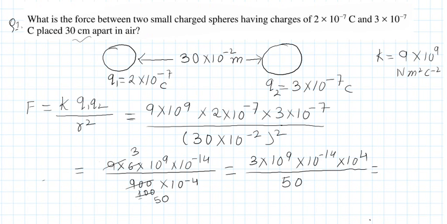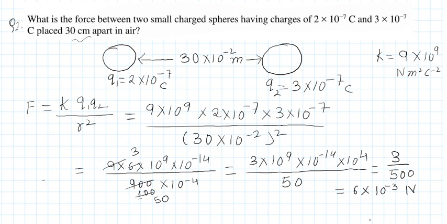And this will lead you here 9 minus 14, so this will give you 6 into 10 to the power minus 3 Newton.